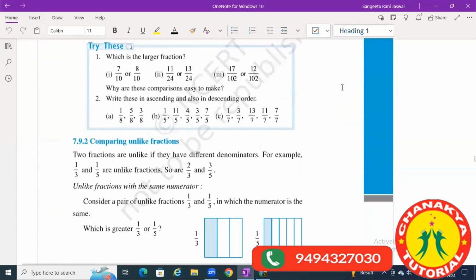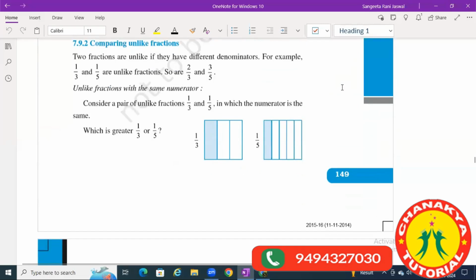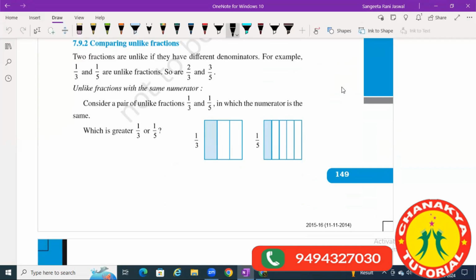Ma'am, can I write the definition down? Yes, please write down like fractions: fractions with same denominators.